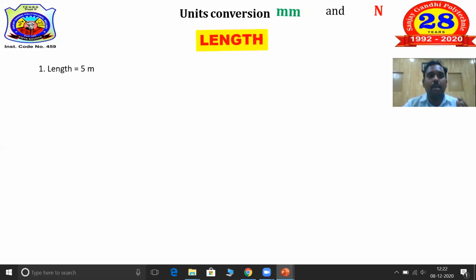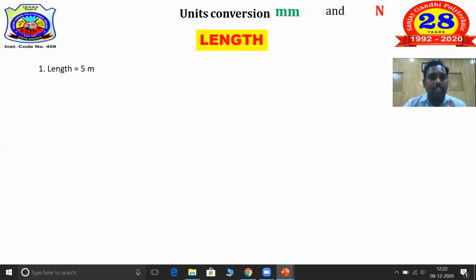First I'll take an example of 5 meter. Length is 5 meter. First just understand whether unit conversion is required or not. Students, one thing is sure, in each and every problem, unit conversion is not mandatory.